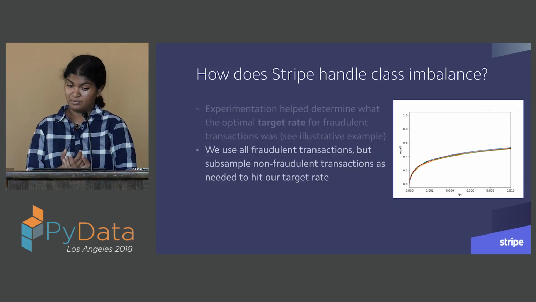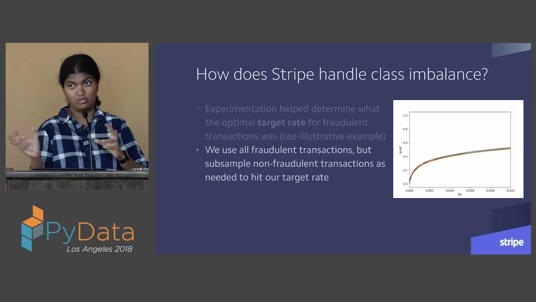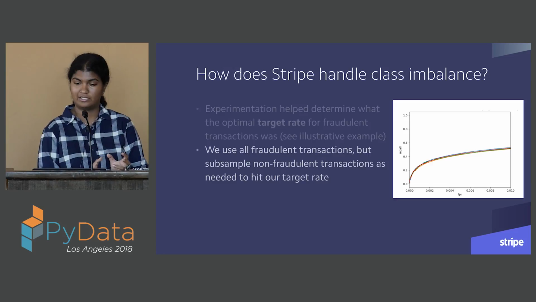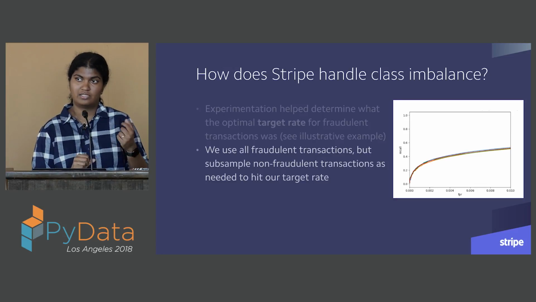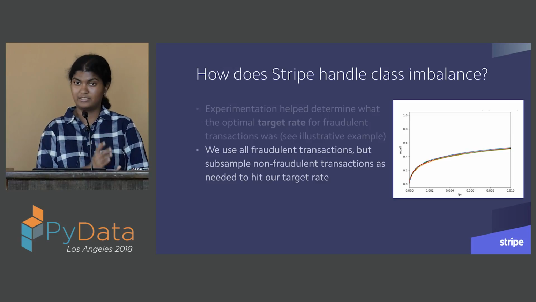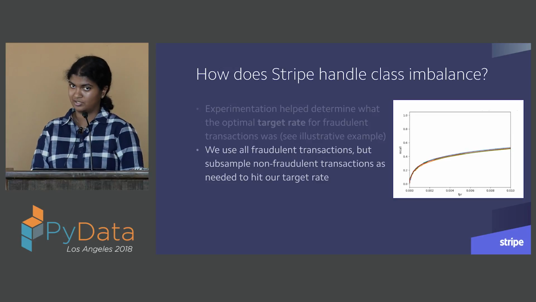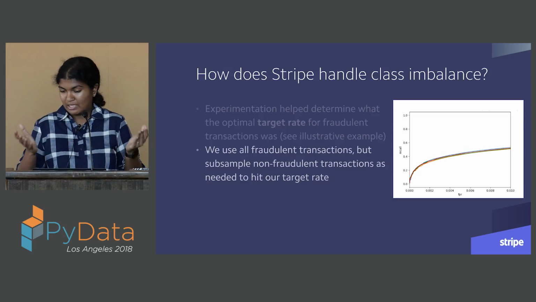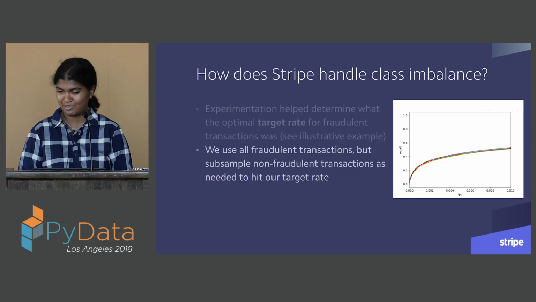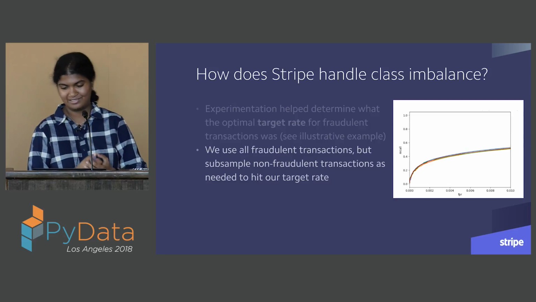So in this example, we would keep all those 10 fraudulent charges in the training data, and we would only keep 90 of the non-fraudulent charges. We would literally discard 900 of the non-fraudulent charges. And this seems counterintuitive, but I trust experiments, and experiments proved that this worked best.